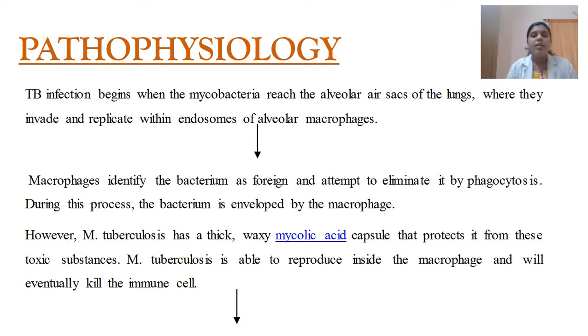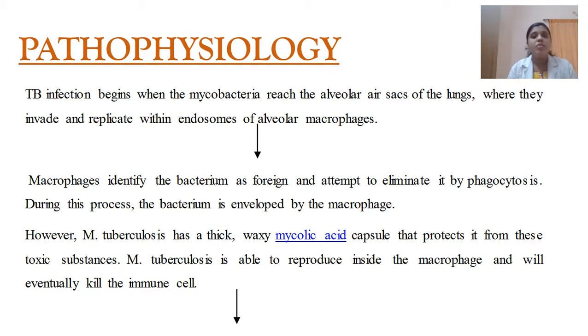So here also the same process will happen. Once the Mycobacterium gains entrance to the alveolar macrophages, the macrophages identify this bacteria as a foreign substance and start phagocytosis. But imagine, here the Mycobacterium tuberculosis has a very thick mycolic acid capsule over its surface.